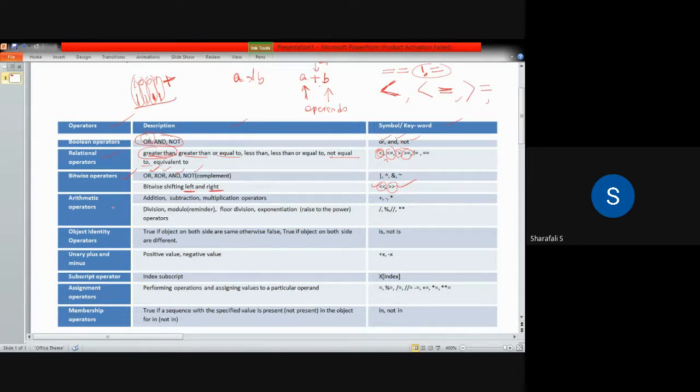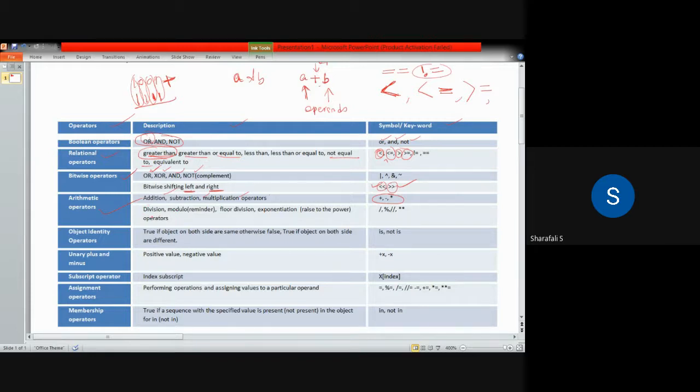And here we have arithmetic operators then. In arithmetic operations, we have addition, subtraction, multiplication. That can be represented by using plus, minus, and this star symbol, that we already know because we are doing that in mathematics repeatedly.